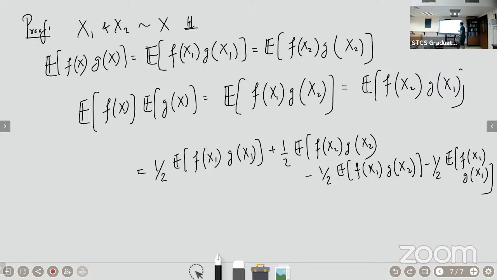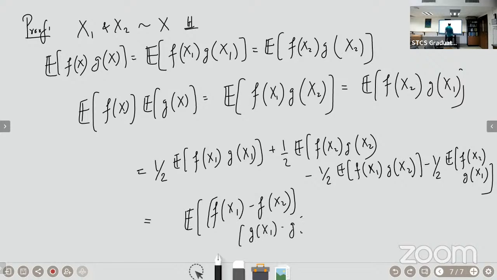I can write it in some form where I can use the fact that f and g are non-decreasing. So suppose I could write it in this form. Don't say equal to. Just notice what this quantity is going to do, given that f and g are both increasing.